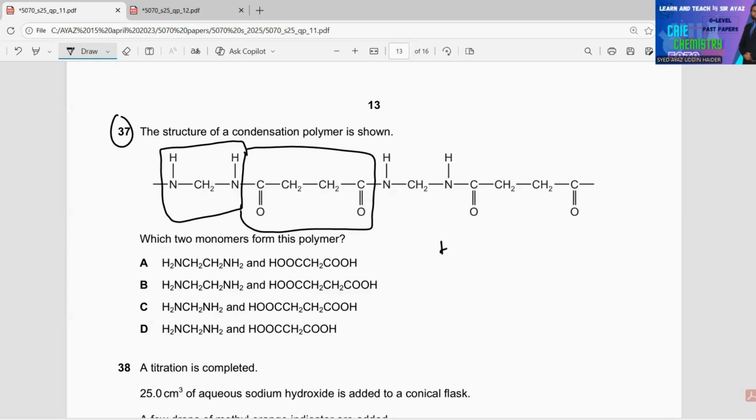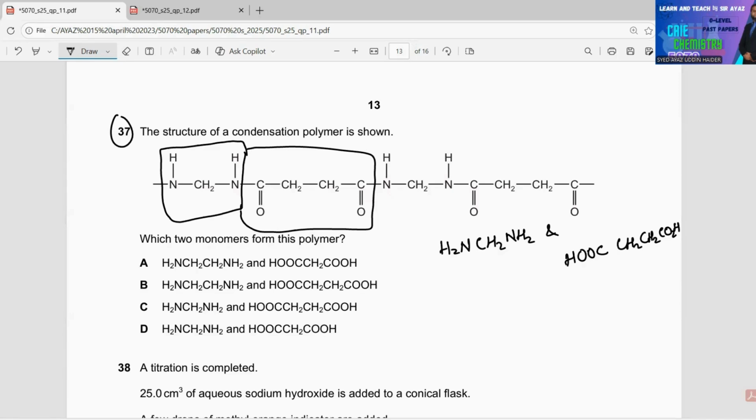So it must be H2N, CH2 and H2. And for the other one we have HOOC, we have CH2, CH2. Then again we are having COOH.